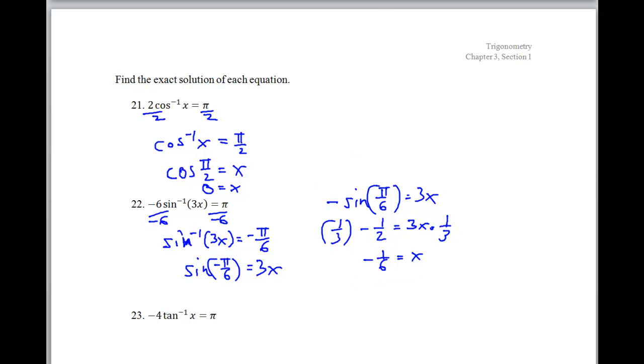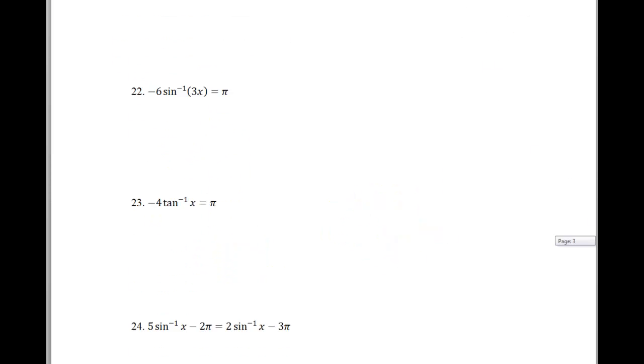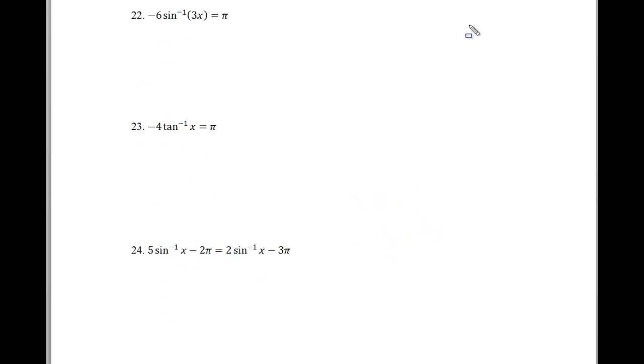Okay, 2 more problems to go, and we'll be done with this quick video for the 3rd page of this worksheet. So here we're going to divide both sides by -4. So the inverse tangent of x is going to be equal to negative pi over 4. And since we know that we can flip-flop these two to get back to our tangent function, this is going to be on the inside: negative pi over 4 is equal to x.